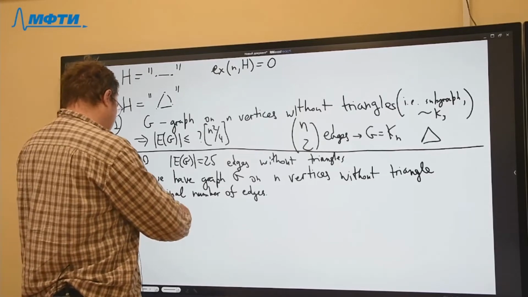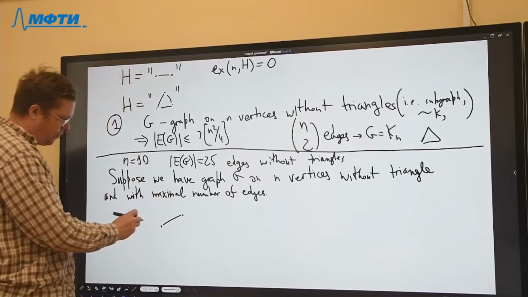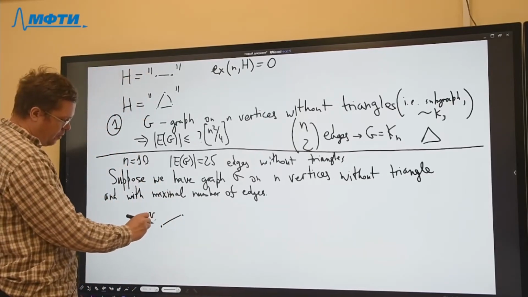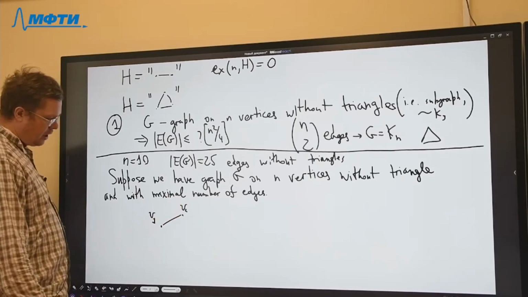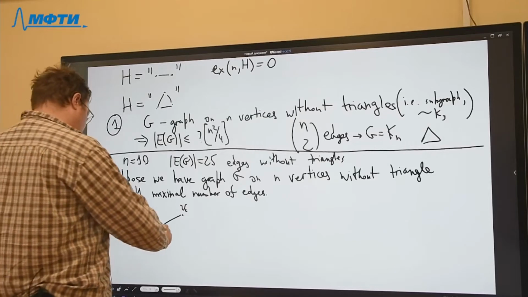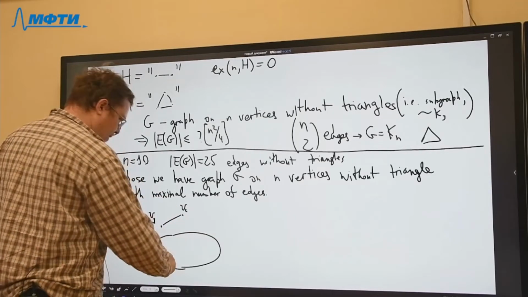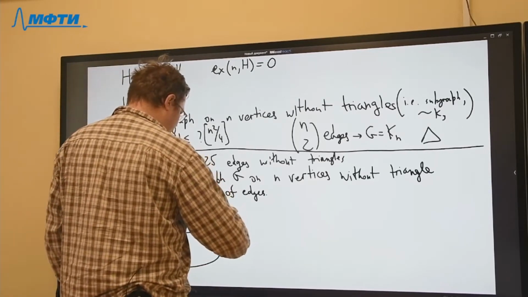Let's consider some edge. So we have nodes V1, V2, and an edge between them. And we have the other n minus 2 vertices.